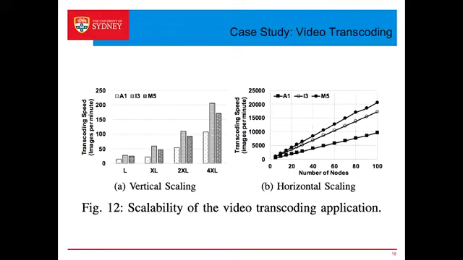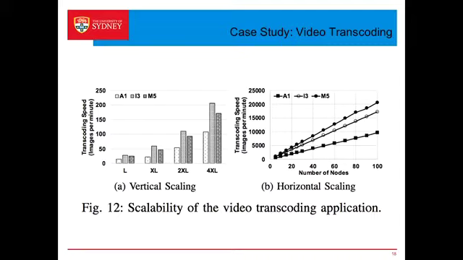This suggests that video transcoding is more memory intensive than CPU intensive, because I3 has slower CPU clock rate but more memory than M5. M5 has a faster CPU clock than A1, and it achieves better performance in transcoding as compared to A1.